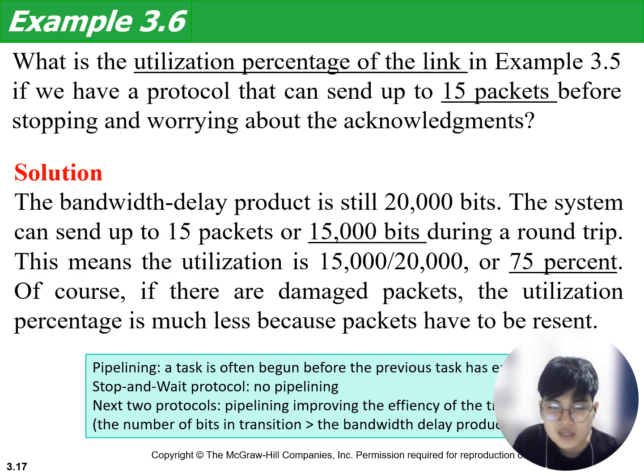What is the utilization percentage of the link in example 3.4 if we have a protocol that can send up to 15 packets before stopping and worrying about acknowledgements? Here is a solution. So 15 packets means 15,000 bits during a round trip.